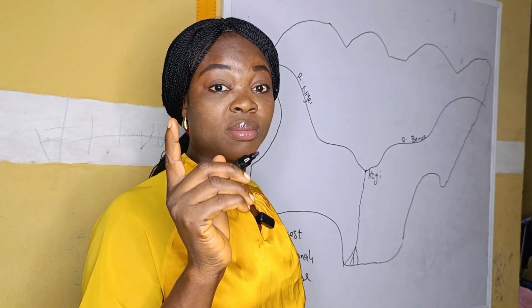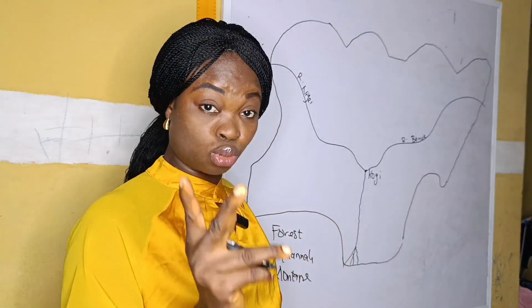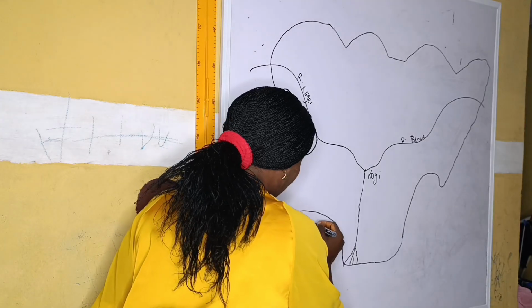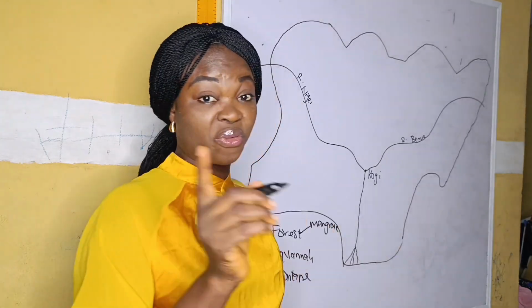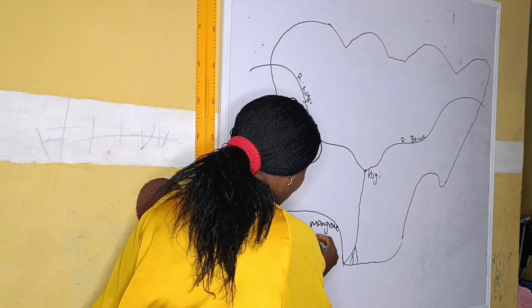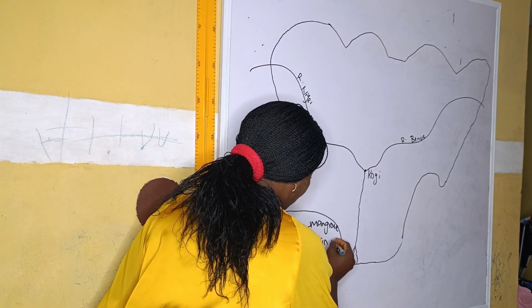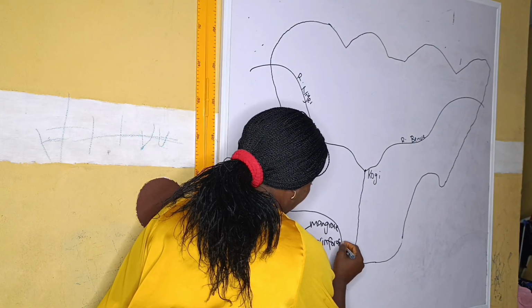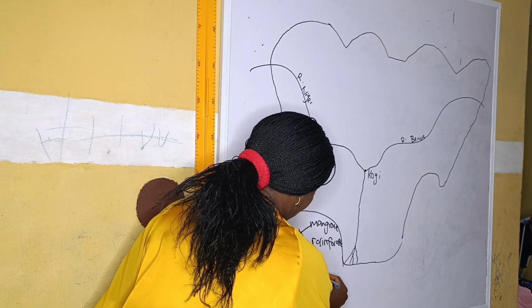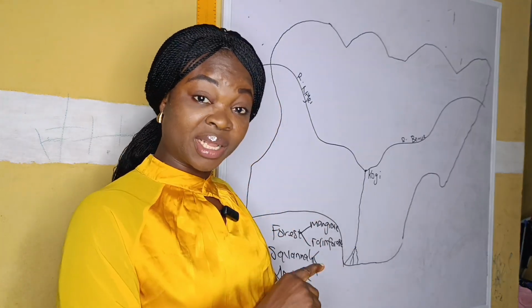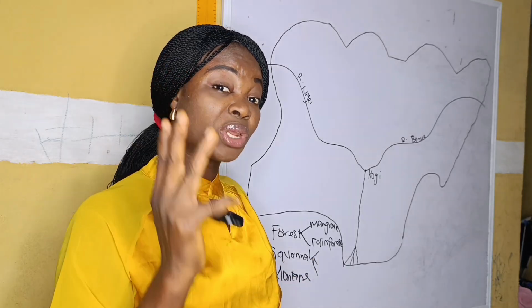The forest vegetation is divided into two. The first one is mangrove forests, and rainforests. Savanna is divided into three.